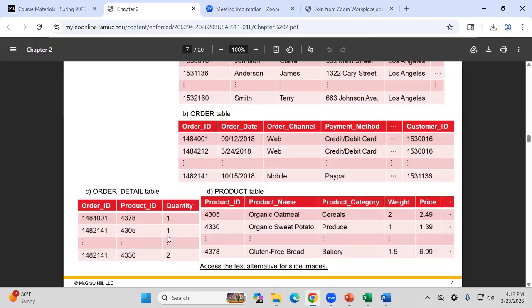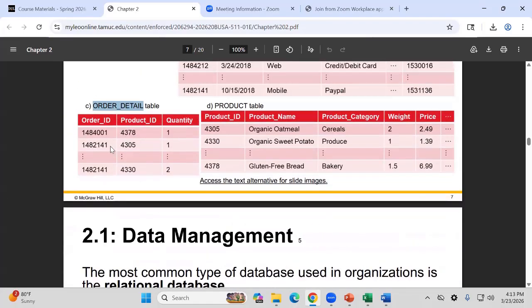Because from the computer design perspective, numbers take much less space in a computer system, and numbers are easier to search, to analyze, to manage. So if you have a good design, eventually you will have an order detail table like this. You see, everything in this table is numbers. That will be perfect.